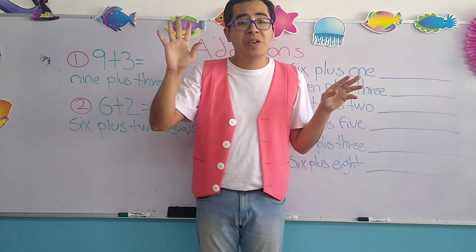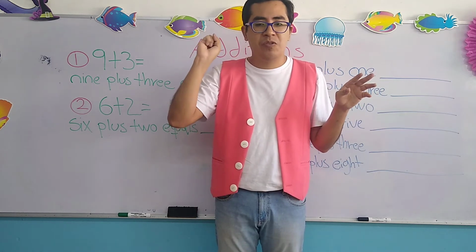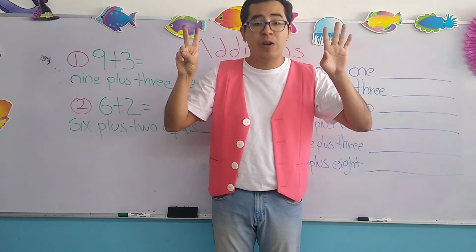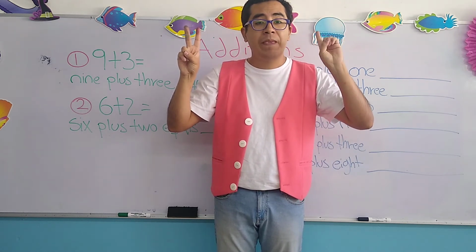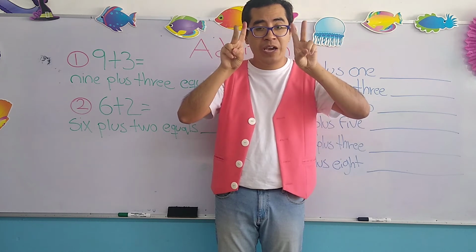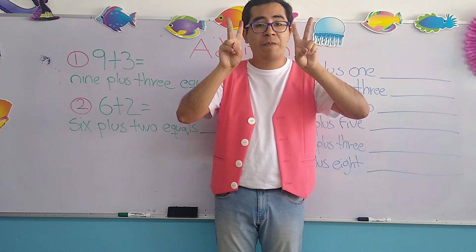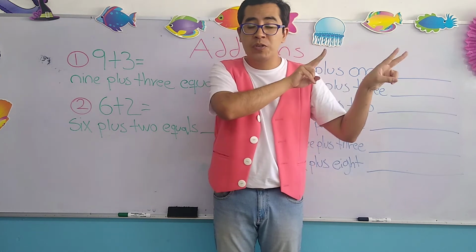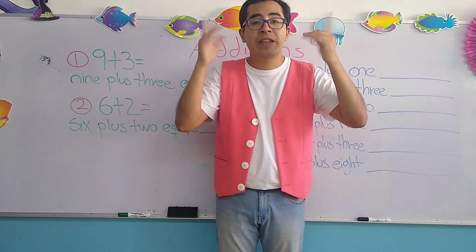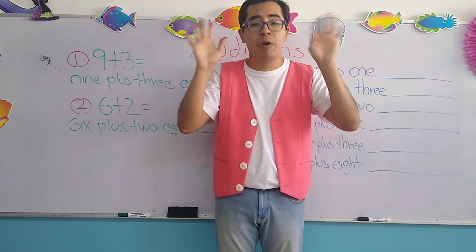In the first hand, we have to put 2 fingers, 1 and 2. And in the other hand, another 2 fingers, 1 and 2. 2 plus 2, how many are they? 1, 2, 3, and 4. So the result is number 4. So it's very easy using the fingers, okay, and using both hands.